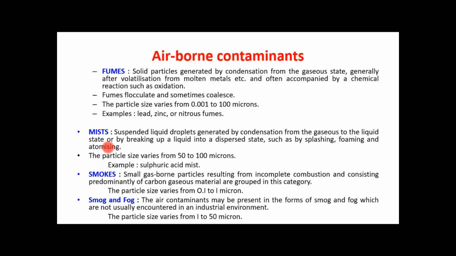When we use the atomizer in the paint industry or in the painting department in the automobile industry, due to atomizing, foaming or splashing, mist can be generated. The particle size of this mist is from 50 to 100 microns, and an example is sulfuric acid mist. The sulfuric acid manufacturing process may have mist in that environment.